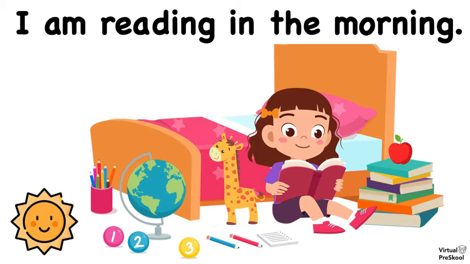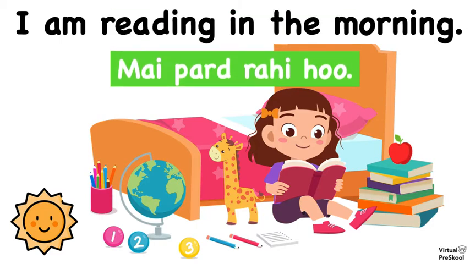So, how would we say in Hindi, I am reading in the morning? So let's break this down. First, let's do the I am reading part. So don't even look at the in the morning part, okay? Let's conjugate it first. So I am reading would be मैं पढ़ रही हूँ.